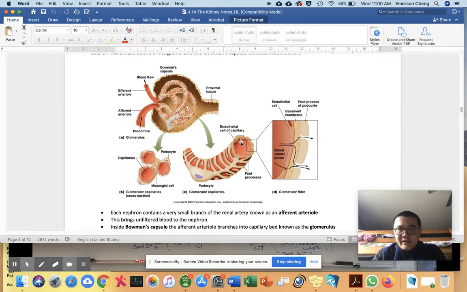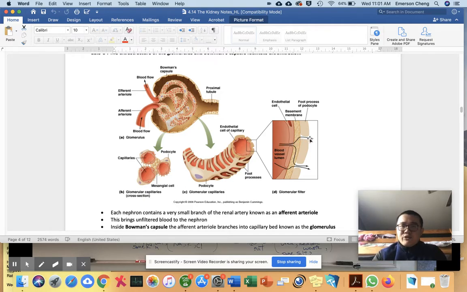If you look at it, this is the blood vessel, and then you have the fenestration, the basement membrane, and the podocytes. These slits here are the fenestrations, and the blood will be pushed out through them.